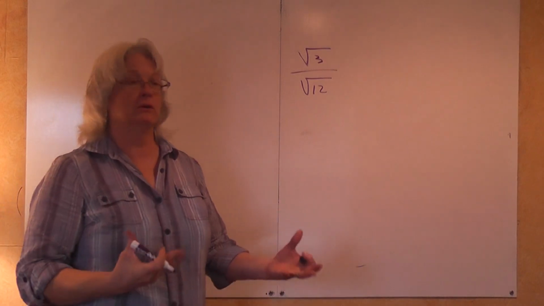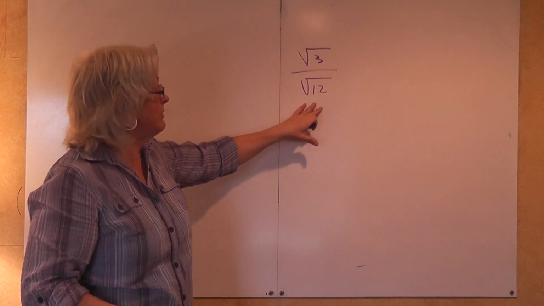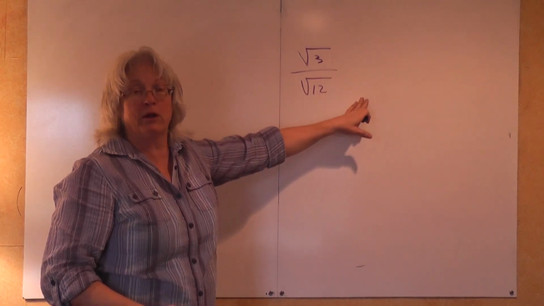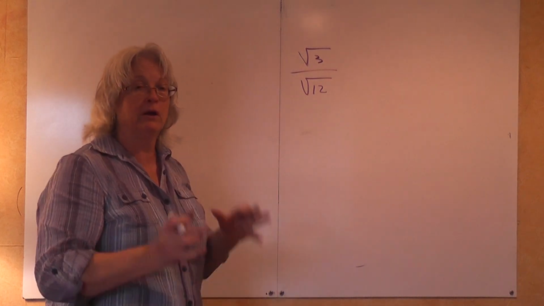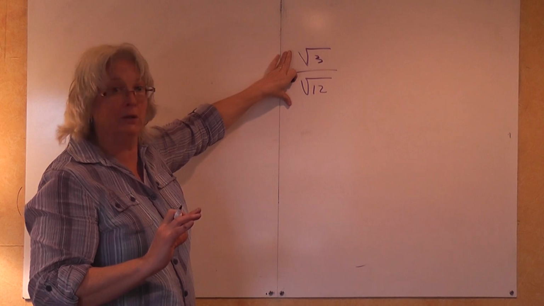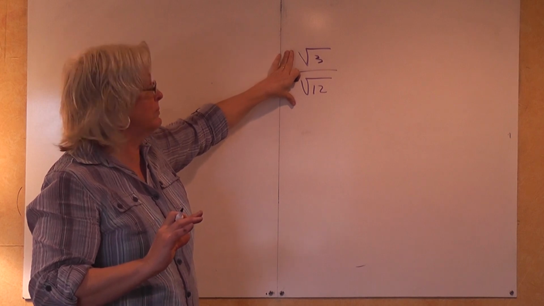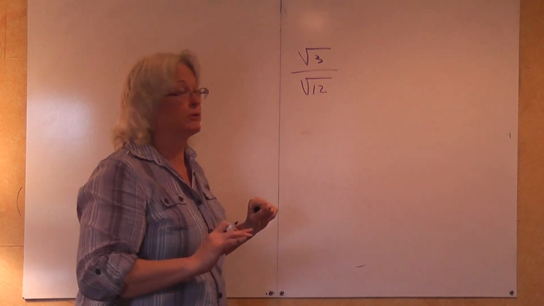Because there you might think, oh, well, if I want to get that square root of 12 out of the denominator, I'm going to multiply the numerator and the denominator by the square root of 12 over the square root of 12. Be thinking about how you can manipulate the problem legitimately, make your work easier. 3 and 12 have a common factor, don't they?